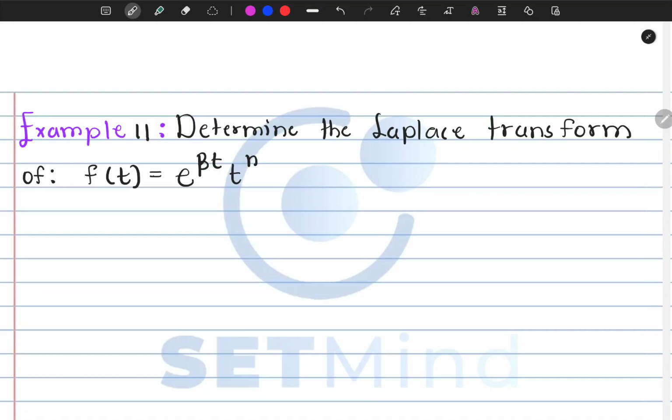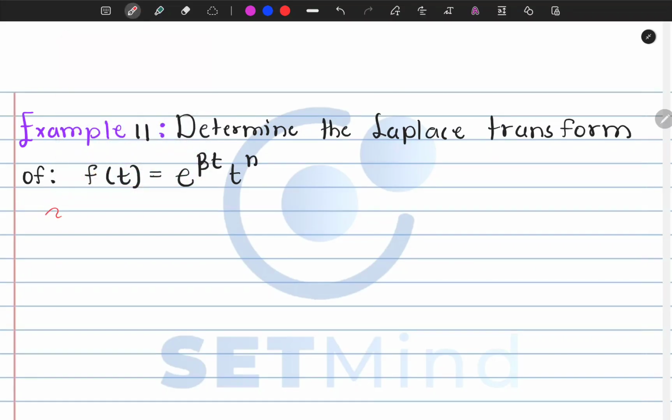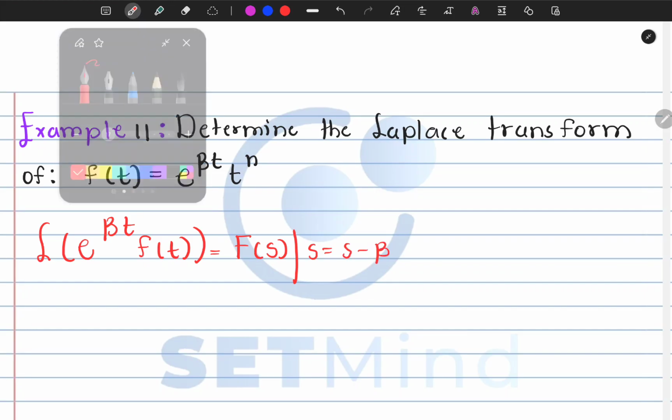Okay, so let's have a look at example 11. Very important is what we have discovered, that if you're taking the Laplace transform of e to the beta t multiplied by a function f of t, the answer is the same as finding F of s, which is the Laplace transform of f of t, and wherever you see s, you replace it with s minus beta.